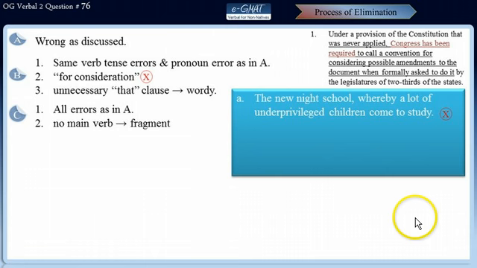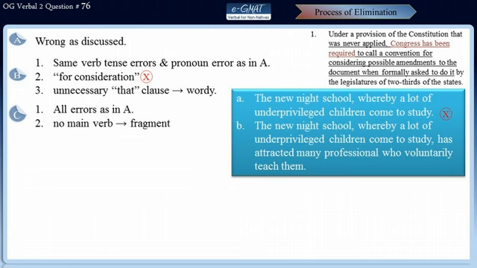And notice that there is no main verb for this subject, the new night school. So this sentence is not correct. What we should say is the new night school whereby a lot of underprivileged children come to study has attracted many professionals who voluntarily teach them.